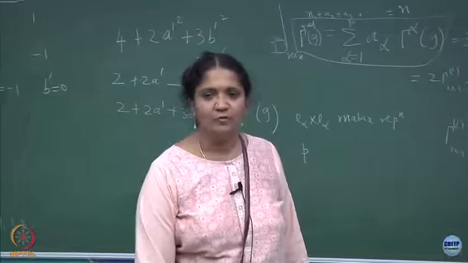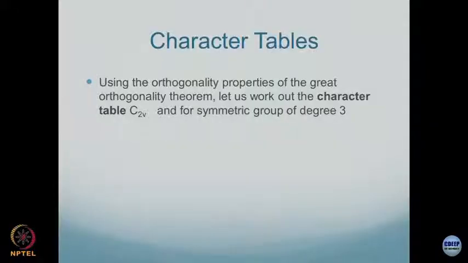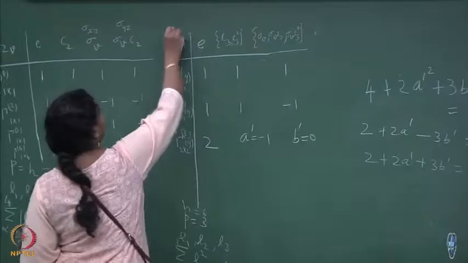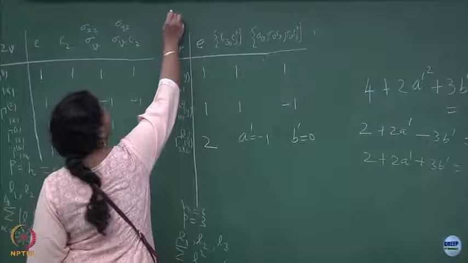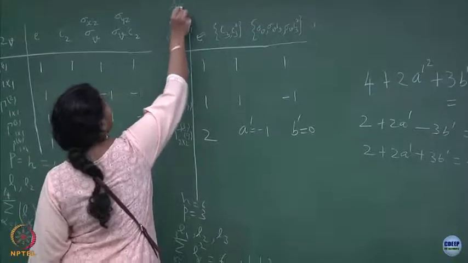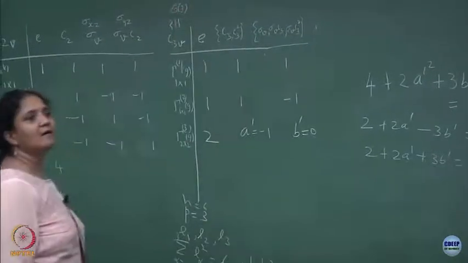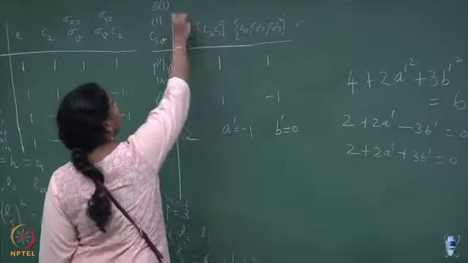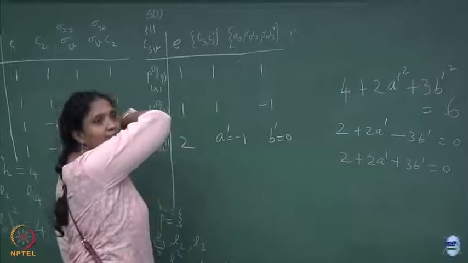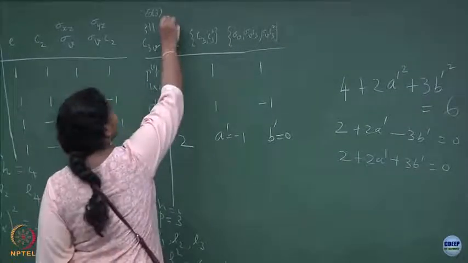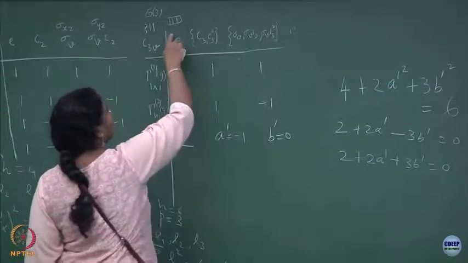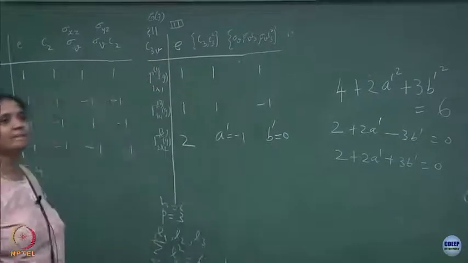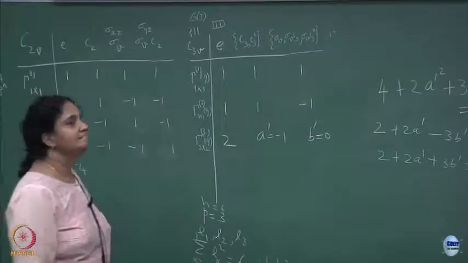The same thing you could have done for the symmetric group of degree 3, there is no change. How will you do it for the symmetric group of degree 3? This is isomorphic to the symmetric group of degree 3, right. You can represent these classes by diagrams. This class has 3 1-cycles, right.